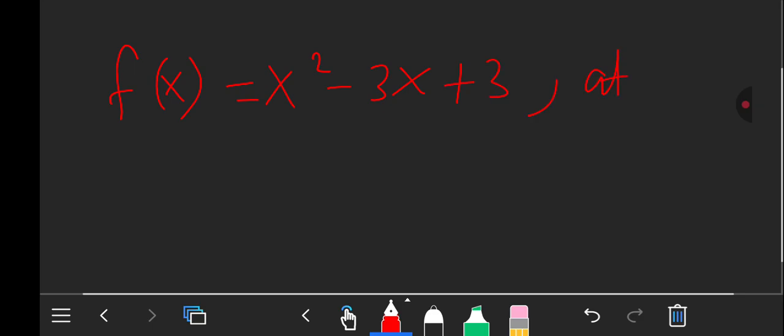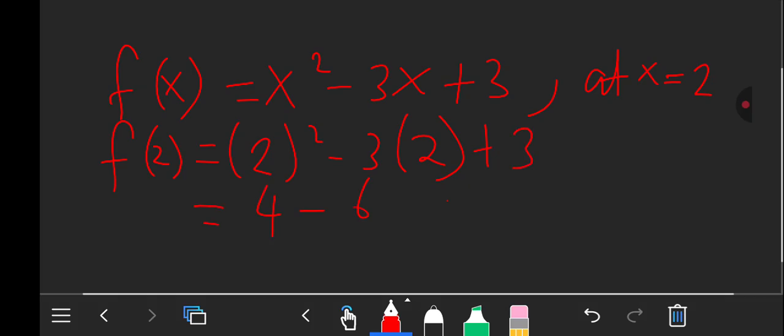So at x is equal to 2, we are going to substitute. So f of 2 will be equal to 2 squared minus 3, where there is x, we substitute 2, plus 3, and we'll find this to be 4 minus 6 plus 3.